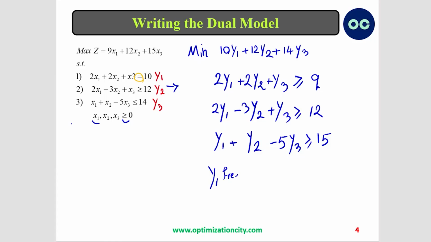The second constraint in the original model is greater than or equal to, meaning its dual variable must be non-positive. So y2 is non-positive. The third constraint in the original model is written as less than or equal to, meaning its dual variable must be non-negative. By following these rules, we successfully formulate the dual model for the original.